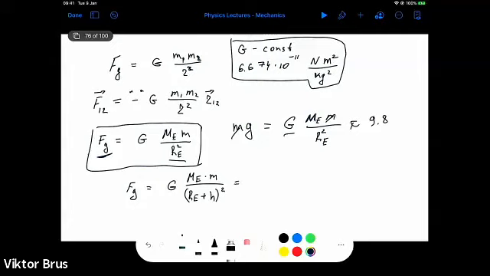At the same time, this is equal to the weight of the object at this height, m times g as a function of h.